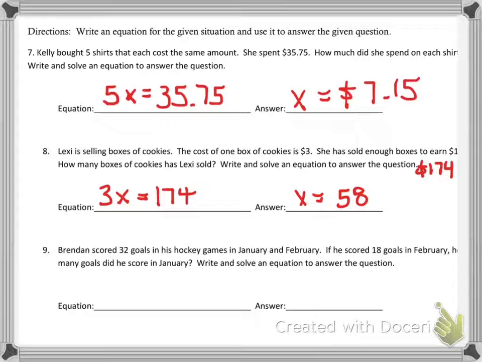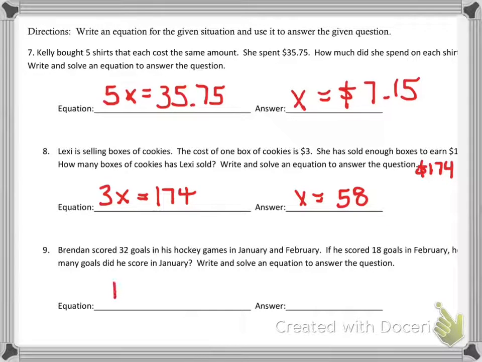Number 9, Brendan scored 32 goals in his hockey games in January and February. He scored 18 goals in February. How many goals did he score in January? Write and solve the equation. Well, 32 goals in January and February means altogether 32. He scored 18 goals in February, but we don't know January.